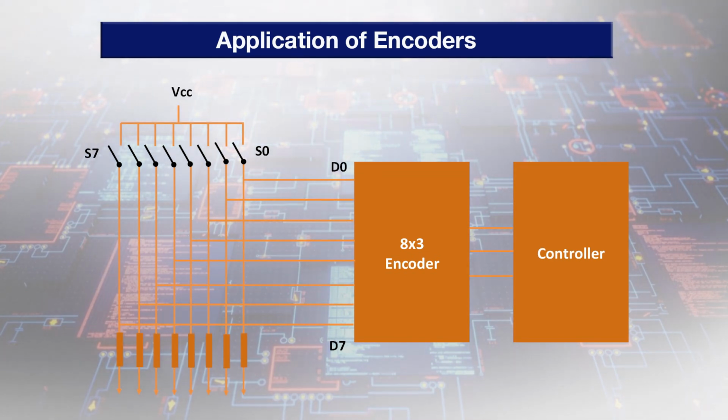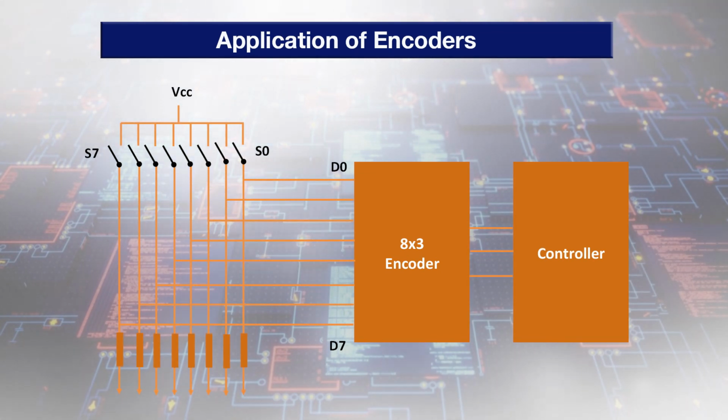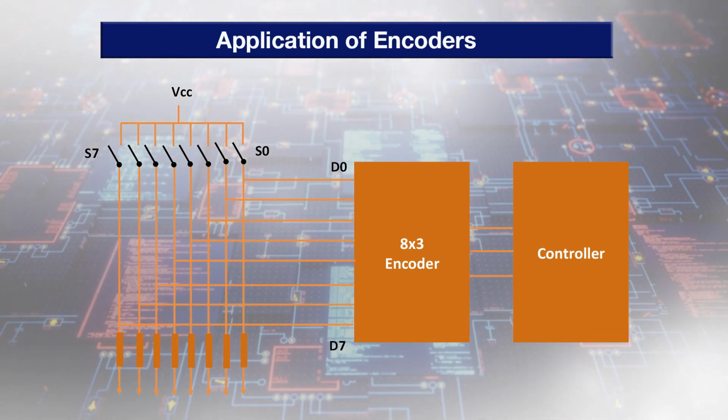Whenever these keys are pressed, the input to the particular pin is equal to VCC, so you get a high input at that pin, and when the switch is not pressed, the input at that pin is equal to 0.